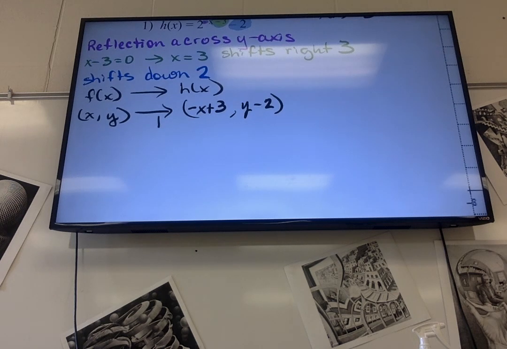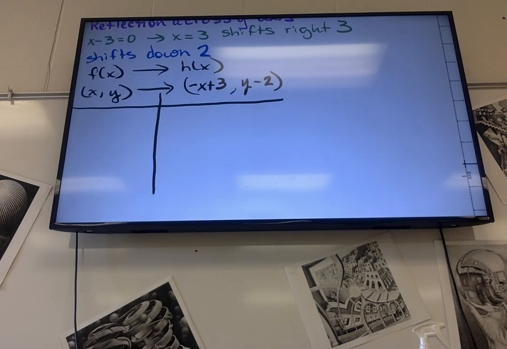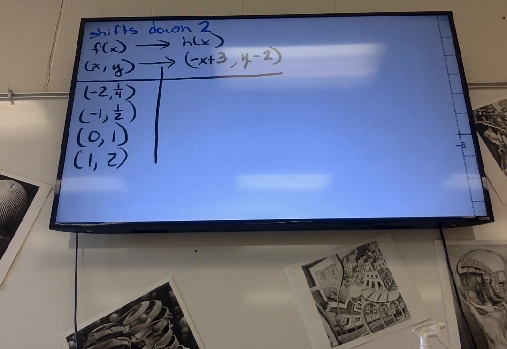Now, we're going to do our points. We originally had the points (-2, 1/4), (-1, 1/2), (0, 1), (1, 2), and (2, 4).